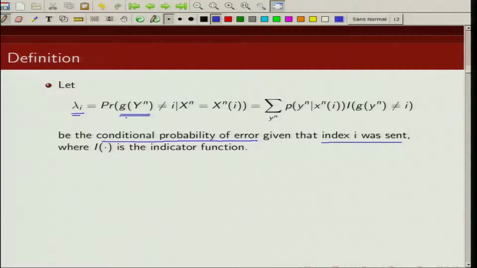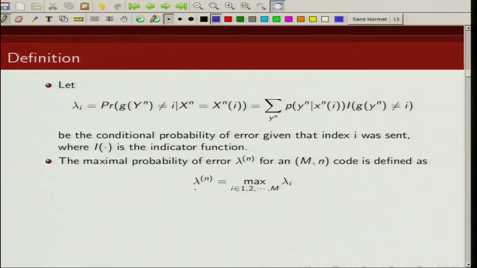So, if g of y^n is not the same as i, when you transmit the ith index, that is, when x^n is x^n(i) but your decoder does not decode it as the ith index, then the error happens. That is given by this, where this is an indicator function indicating whether an error has happened or not, and this is the probability of y^n given x^n(i). So, lambda i is the conditional probability of error given that you transmitted the ith index.